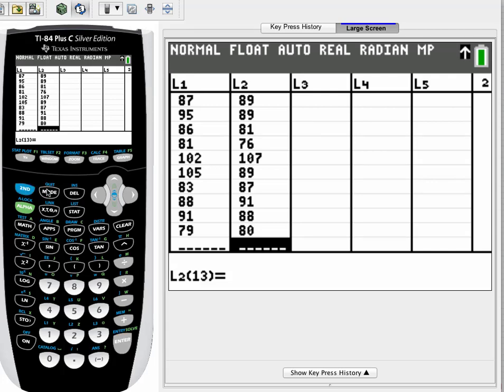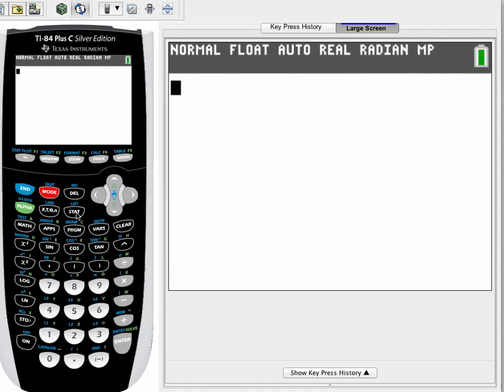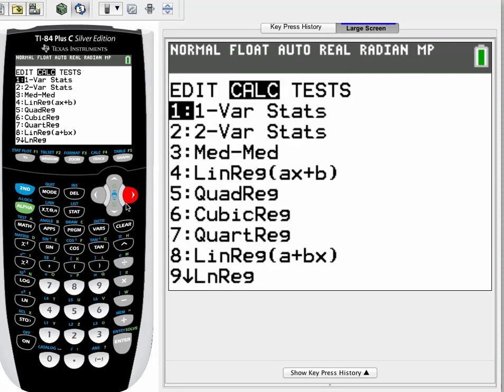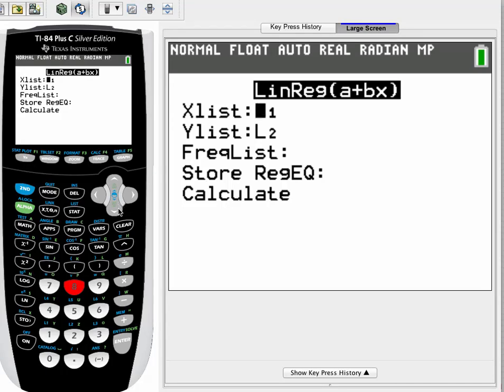So I'm going to quit out of this mode, and I'm going to do stat, calc, and we're going to do our linear regression a plus bx, which is 8. Our x list is in L1, our y list is in L2. We ignore the frequency list, and we're going to store our regression equation in, sorry, I didn't want to do the second there.